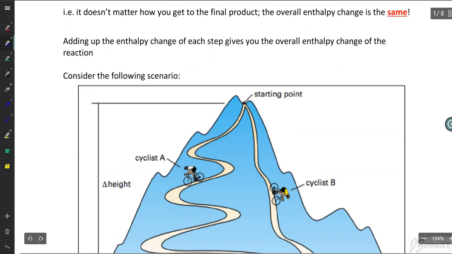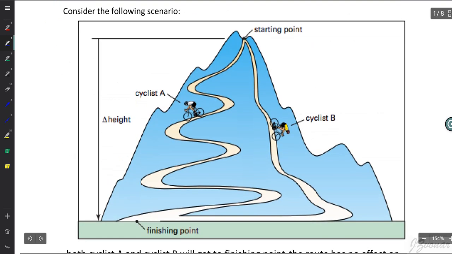A good analogy is the pathway of two cyclists going down a mountain. Both of them start at the top of the mountain, and both of them finish at the bottom. Each cyclist has a different path, and the routes they take are independent of the gravitational potential energy.